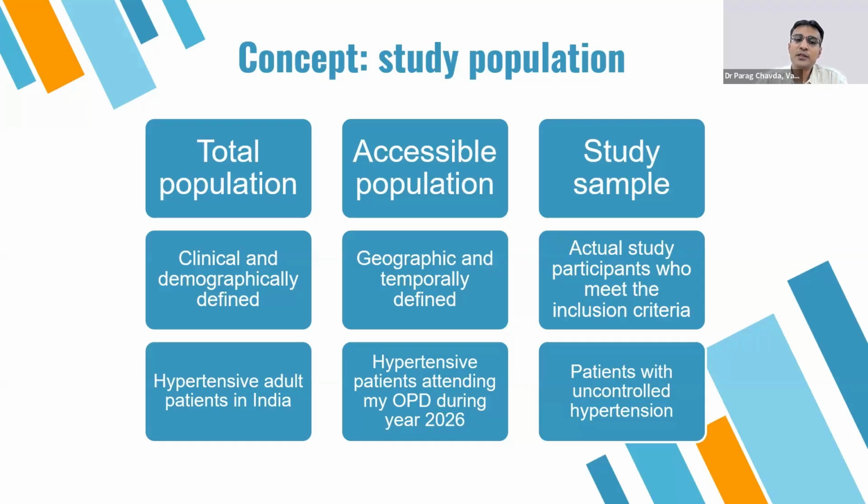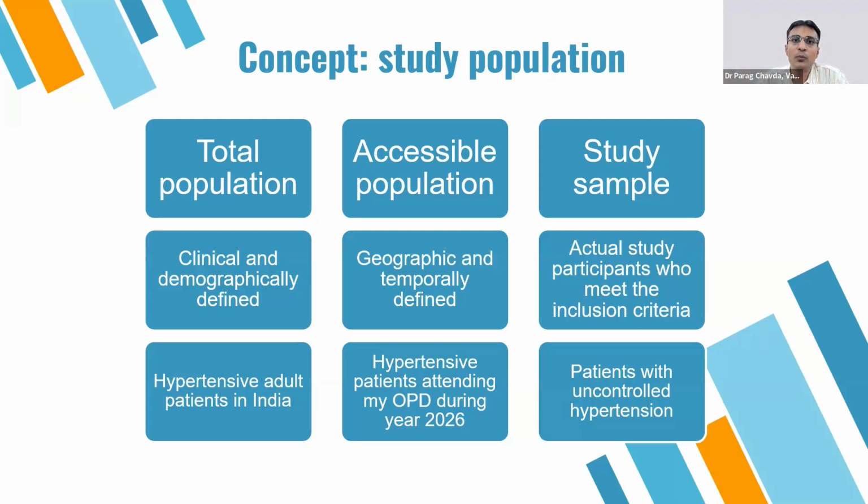So accessible population is defined by geographic and temporal criteria. Study sample is the actual participants. Hypertension is a very big, broad topic, and you usually want to be more specific about what within hypertension you wish to study. So you might be interested in finding out the reasons for uncontrolled hypertension, or among which population uncontrolled hypertension is more common.